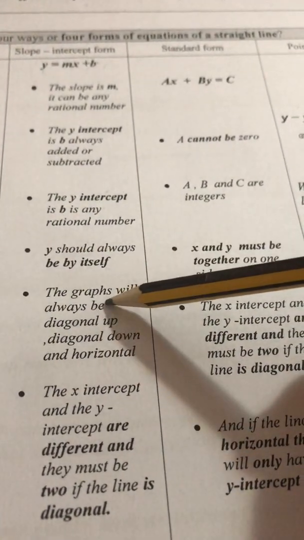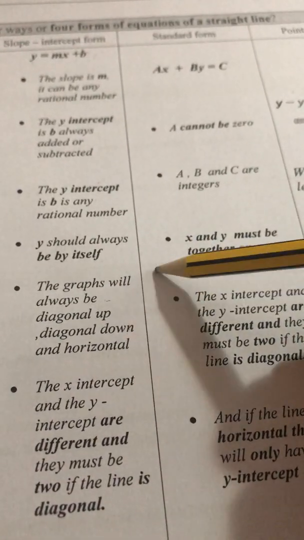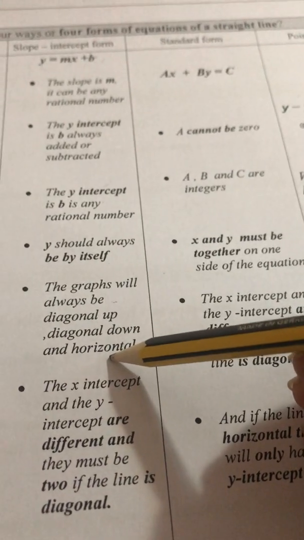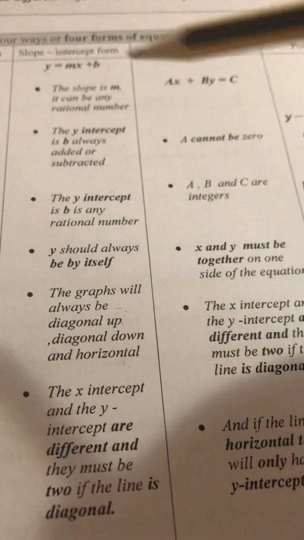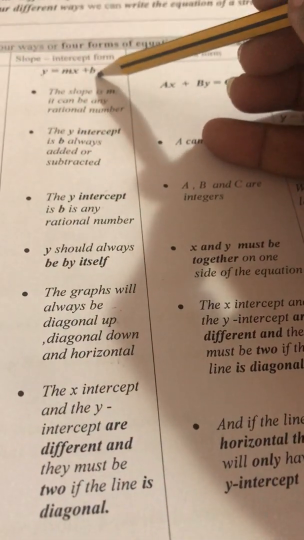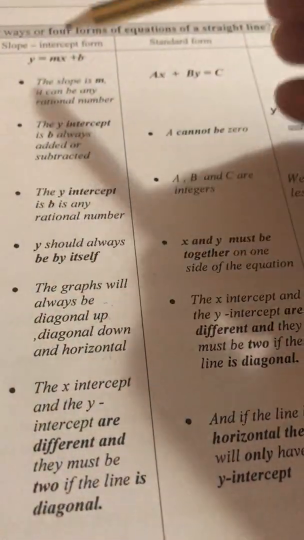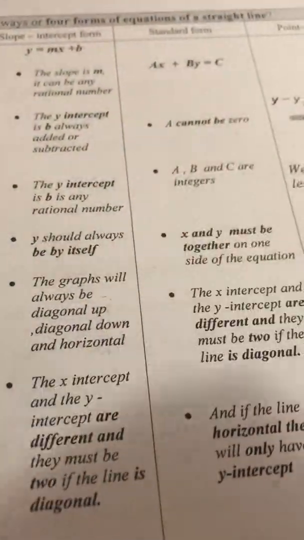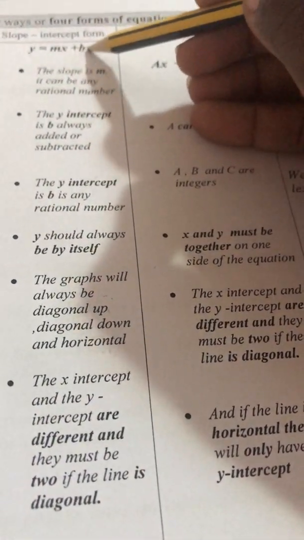The graph will always be diagonal up or diagonal down and horizontal. These are the only three graphs you will use when you have slope-intercept form. You cannot use a vertical line because the vertical line does not have a y-intercept. And you see here we must have a y-intercept.